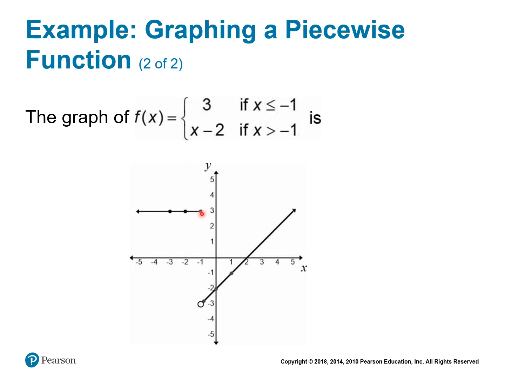So they've plotted a horizontal line going from -1 all the way to the left. It keeps going, therefore we have an arrowhead on this horizontal line.